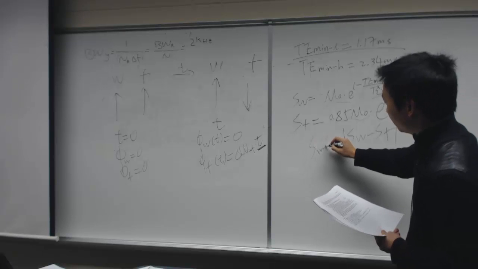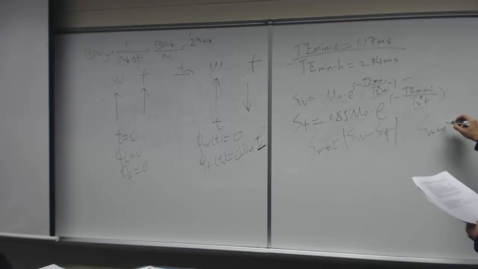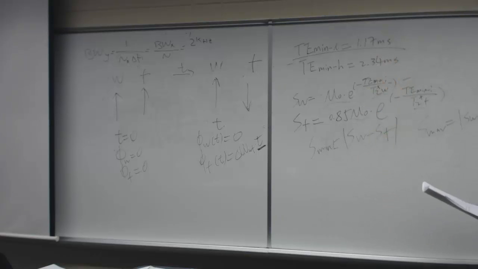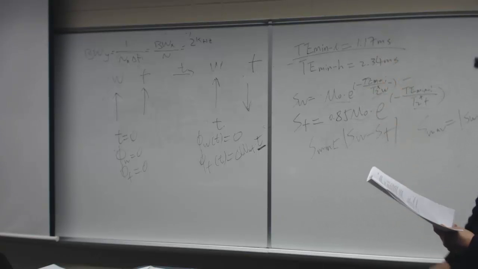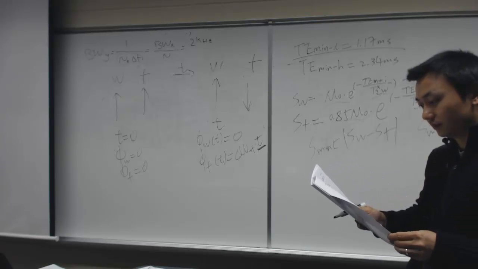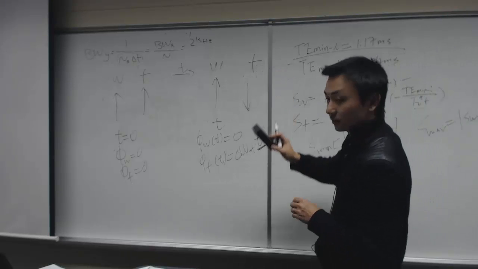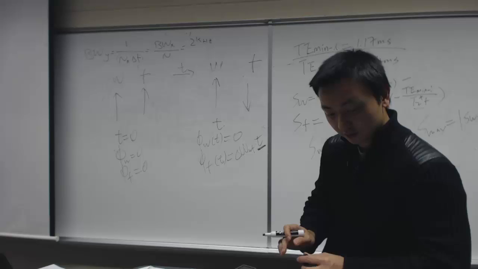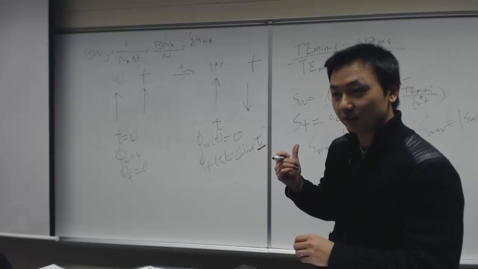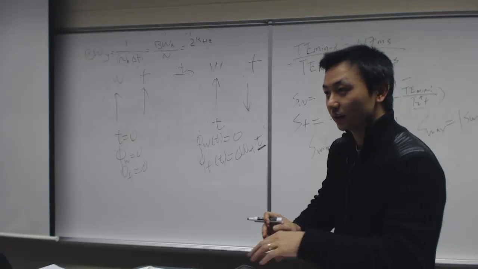So S min. And S maximum would be S water plus S fat, using the corresponding TE and T2 star. Okay, so is there any questions about question 5? Okay.